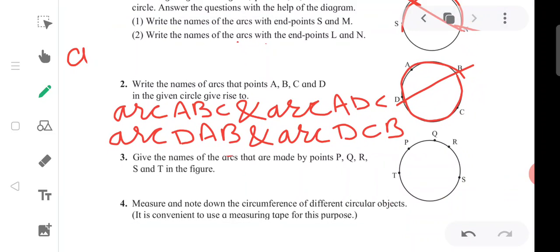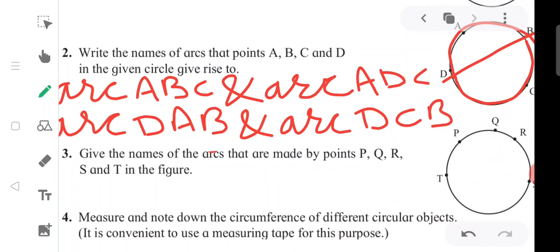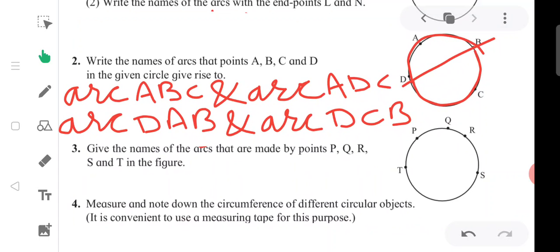See the third one. Give the names of the arcs that are made by points P, Q, R, S and T in the figure. See, here you have to write the names of arcs that are made by the points P, Q, R, S and T. So again consider 2 points as end points.